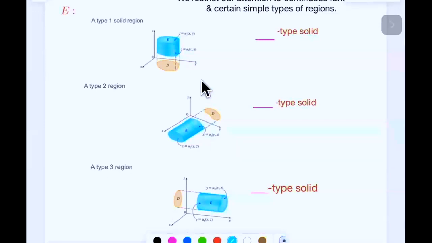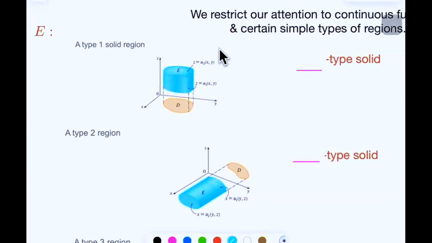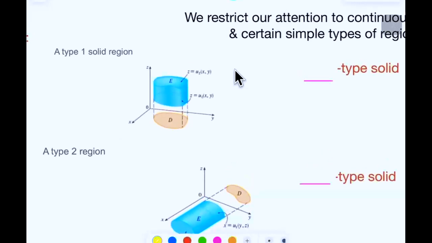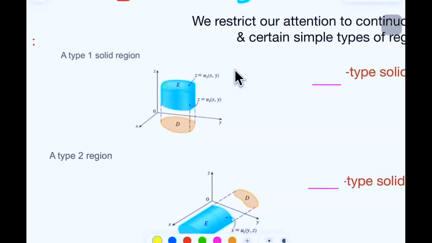Let me go over this with you. So let's look at the type 1 solid. I'm going to highlight this. It looks like the solid D here is bounded above by this surface, and then bounded below by this surface over here, that surface down here.